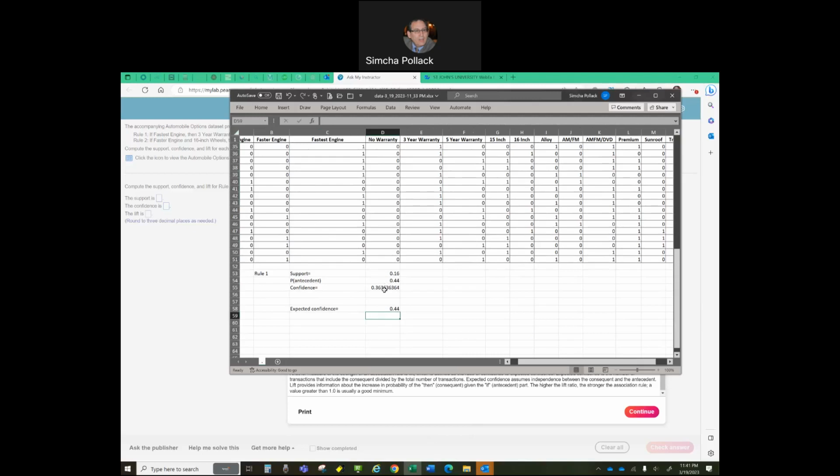And the confidence was 0.36. So the lift is equal to 0.44 divided by 0.3636, or a value of 1.21. Let's see if we get that right.